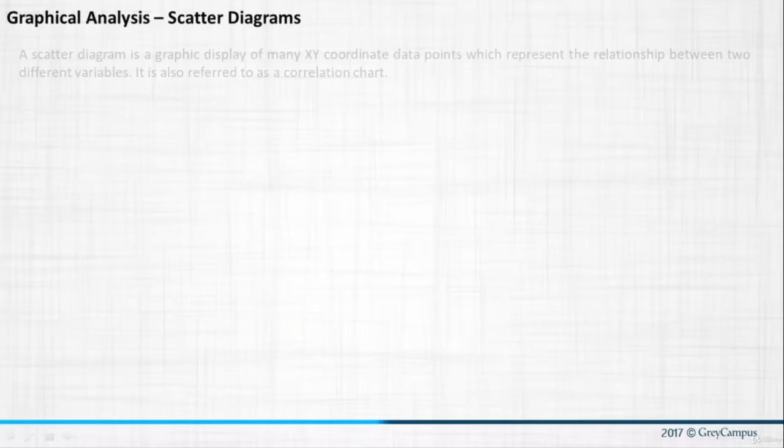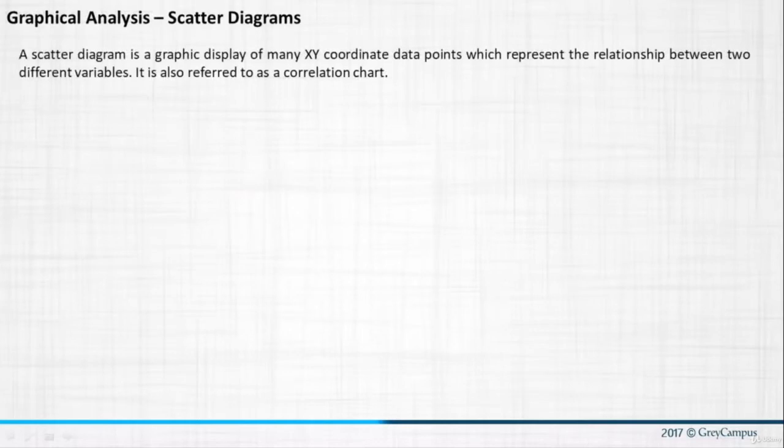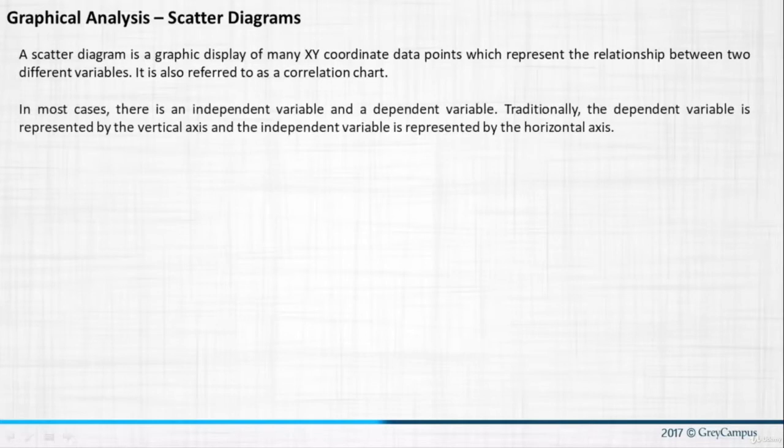Scatter diagrams are a good way to represent our data when we have direct x's and y's. What we're trying to do is show some sort of relationship which is measured by correlation.